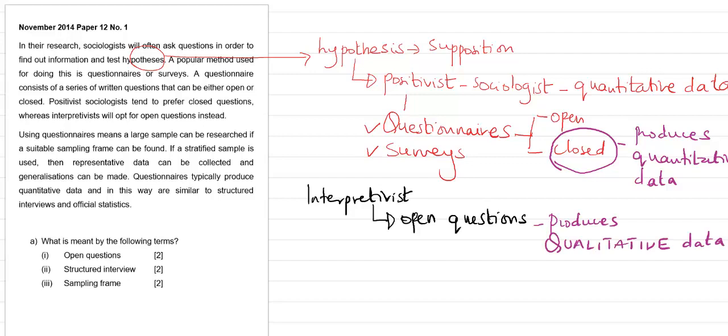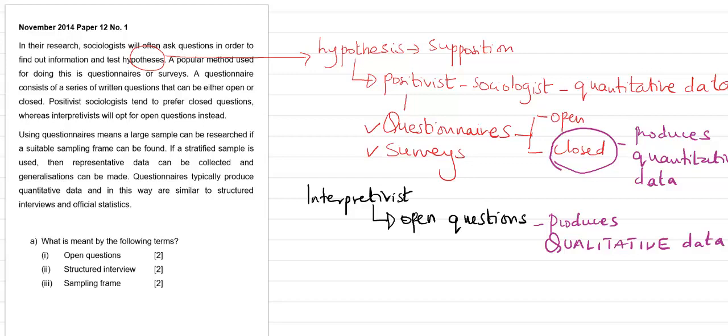Now let's continue. A popular method used for doing this is questionnaires or surveys. A questionnaire consists of a series of written questions that can be either open or closed. Positivist sociologists tend to prefer closed questions, whereas interpretivists will opt for open questions instead.